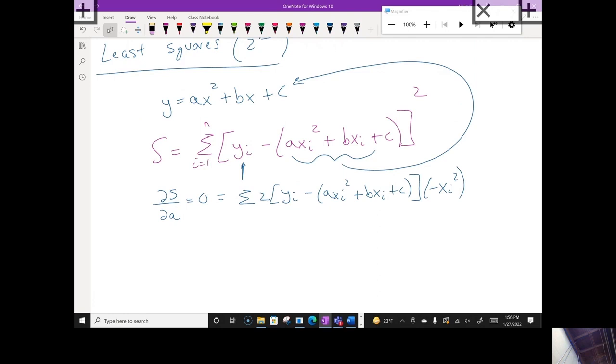What we need to find are these coefficients, a, b, and c. If we take the partial derivatives and set them to 0, that means we're finding the minimum. And we do it 2 other times, so we'll have 3 equations, 3 unknowns. If it was third order, how many derivatives are we going to need? 4, because it'd be a, b, c, and d. Set them to 0 and then do it.